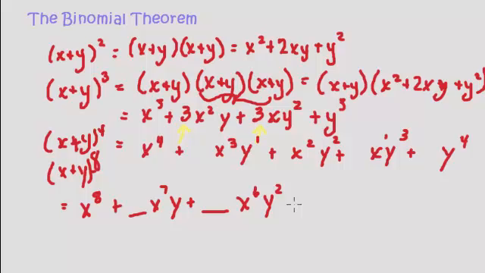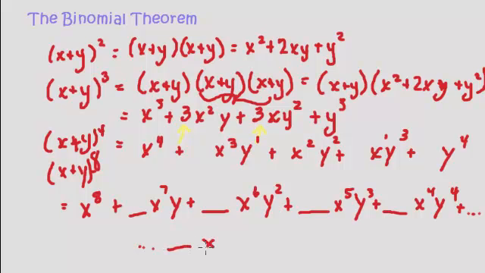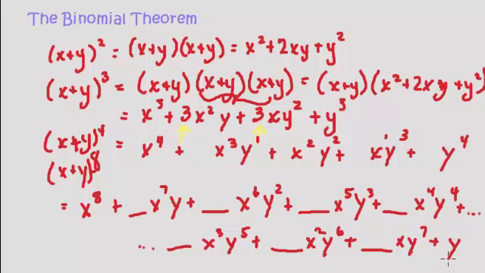Notice how they add up to 8, plus some coefficient x to the 5th y cubed, plus some coefficient x to the 4th y to the 4th, plus, because these things are very long, some coefficient x to the 3rd y to the 5th, plus some coefficient x squared y to the 6th, plus some coefficient x y to the 7th, plus and y to the 8th.